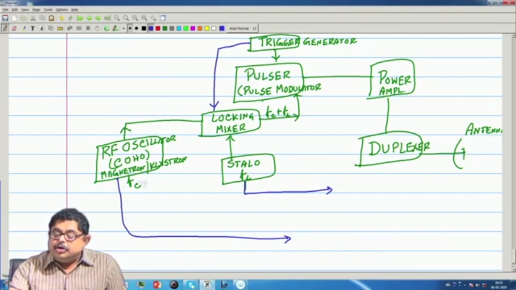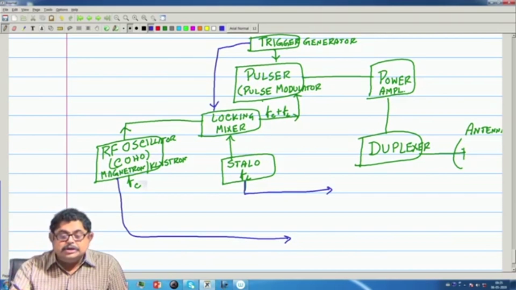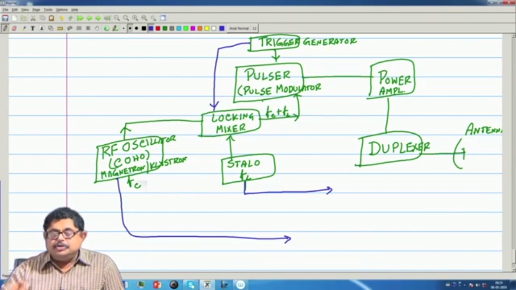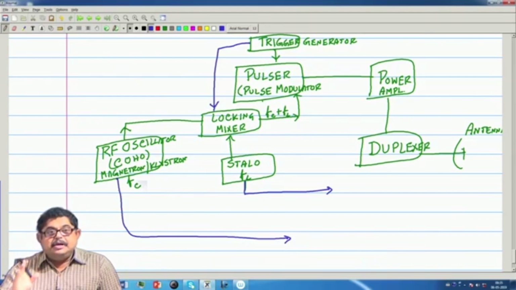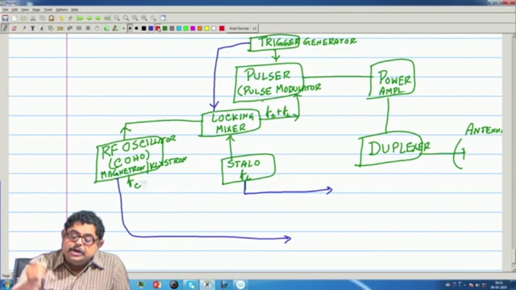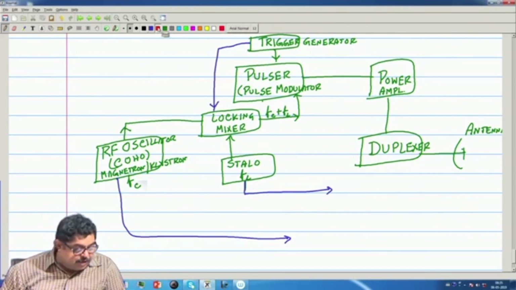Also this trigger generator is making the pulse, giving its signal to the pulse modulator, and also giving it to the locking mixer to lock the phase of the RF oscillator. So, now we have a stable, phase-locked RF pulse, and that pulse is transmitted by the antenna. Now, let us see what happens in the receiver.